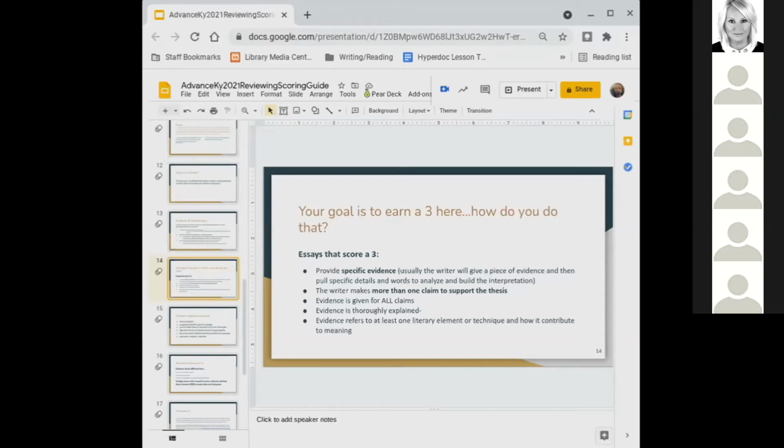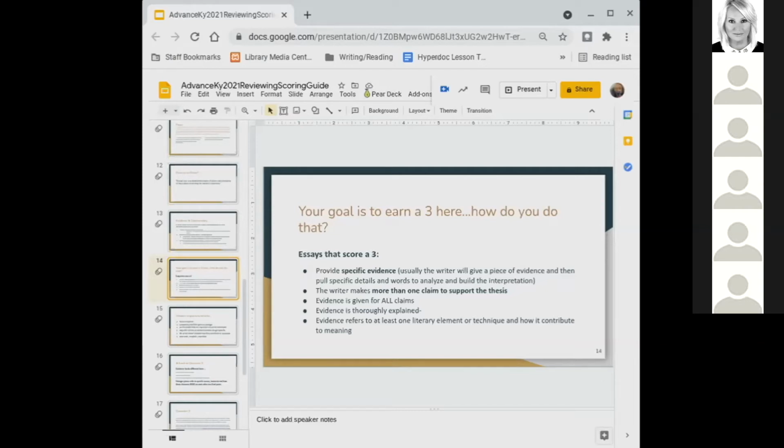You can't just say it contributes to the meaning. You can't just tell me it contributes to the meaning. You have to explain how it does that. And for a lot of students, I think that's the hard part. Several of you said that it was your connection to meaning.